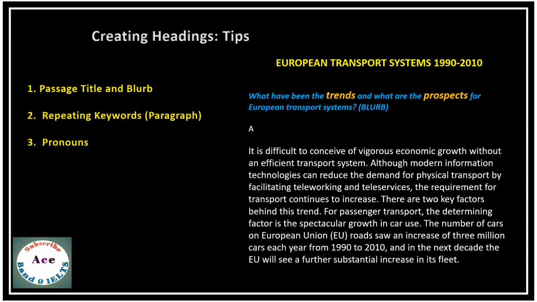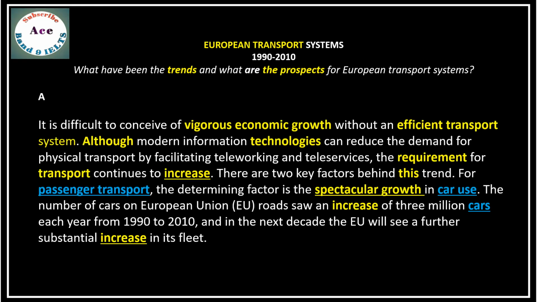The keyword might repeat as it is or as its synonym or in the form of a pronoun. Para A, the first line has vigorous economic growth, a key phrase, and efficient transport systems.